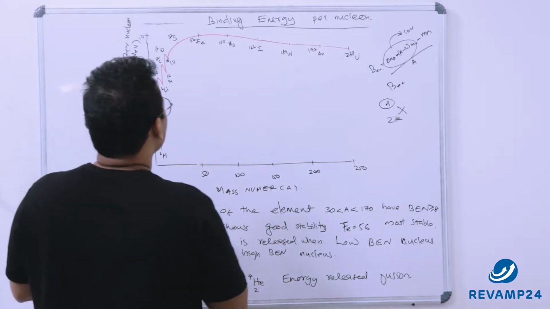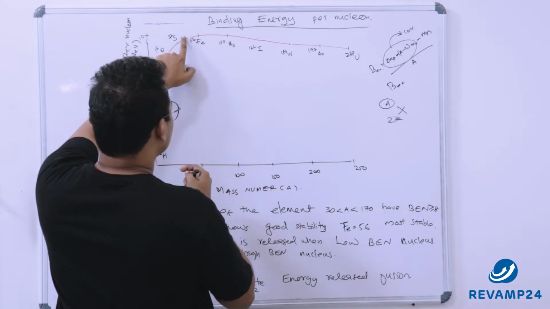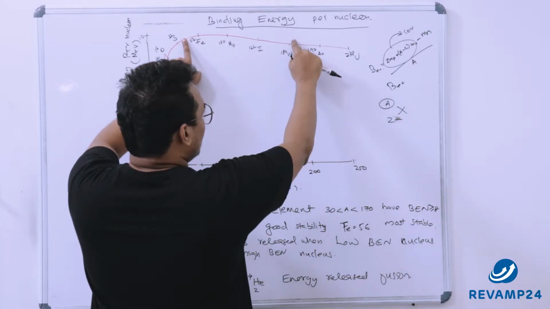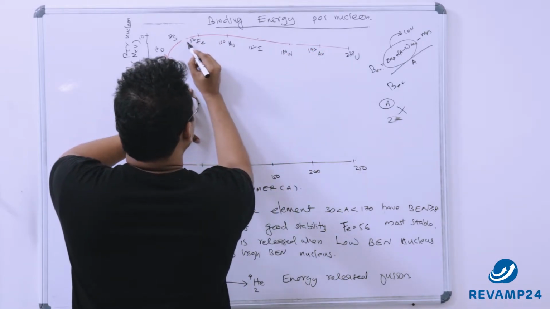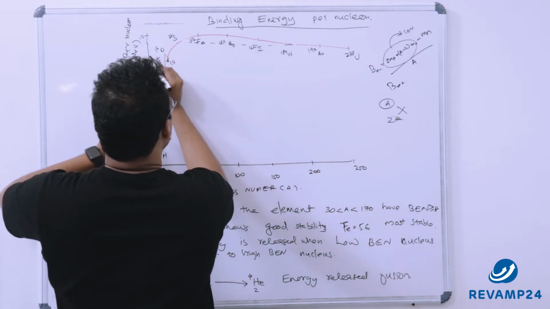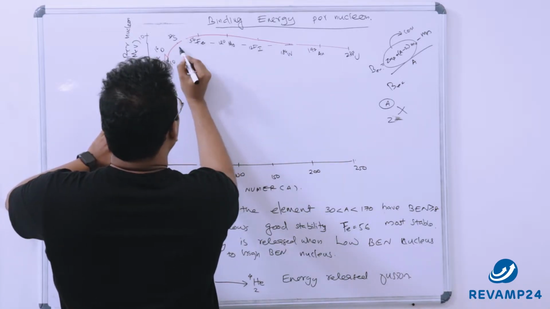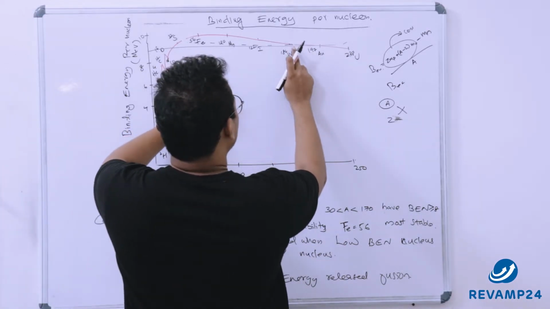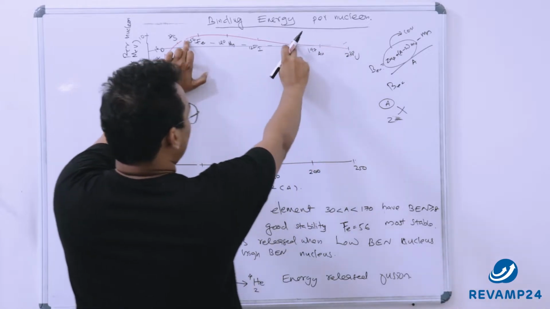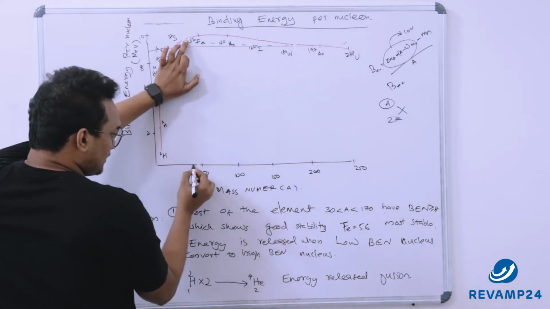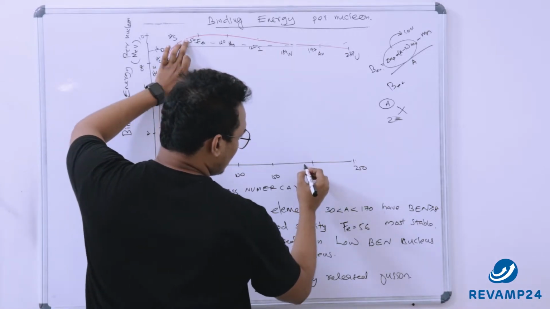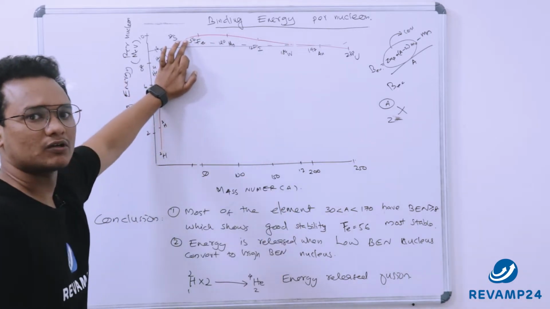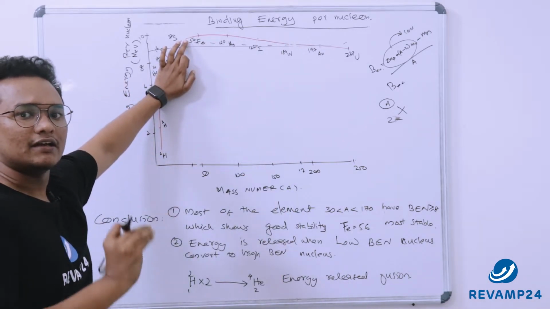So see, here I could say that from here it goes to a maximum value and approximately till here. So if I draw a line, it would approximately look like this. So above these 2 points, that is in between mass number 30 and mass number 170, we have a region where binding energy per nucleon is almost constant with the maximum value.